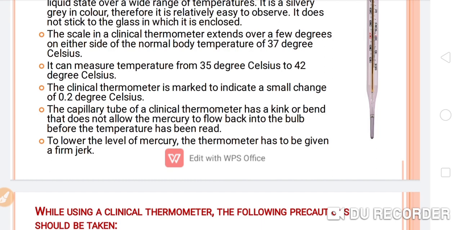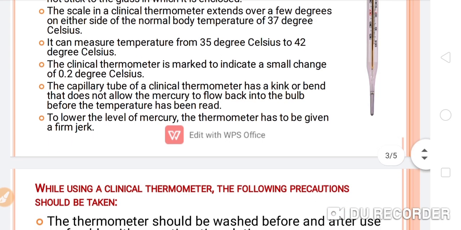Now next, to lower the level of the mercury after measuring the temperature, we have to jerk the thermometer one or two times. When you jerk the thermometer, the mercury comes to its last point. So this is very important.